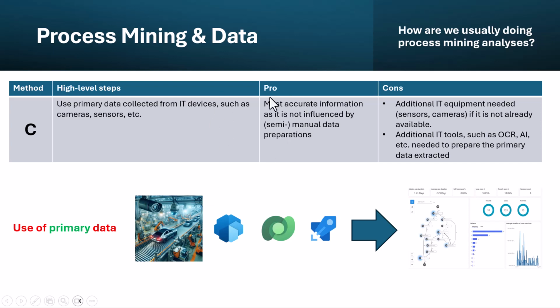It's the most accurate one because I know exactly what time a production process was started, what happened, and when it ended. The disadvantage is, of course, that you need additional tools. You need this equipment, you need the sensors. And from an IT perspective, you need OCR and AI functionalities to prepare the data, and hold the data basically, so that you can analyze it in process mining.